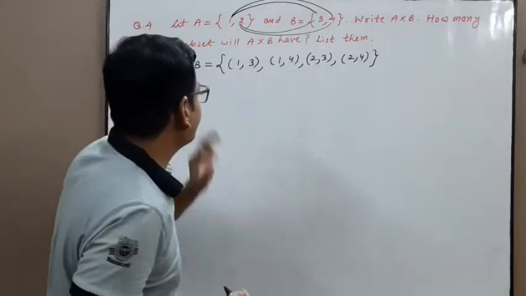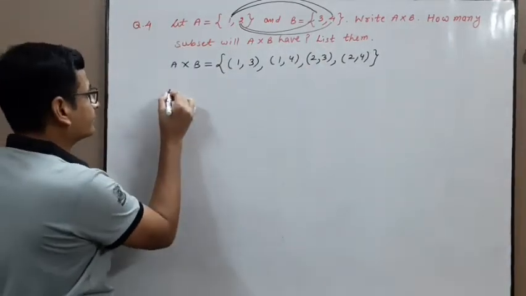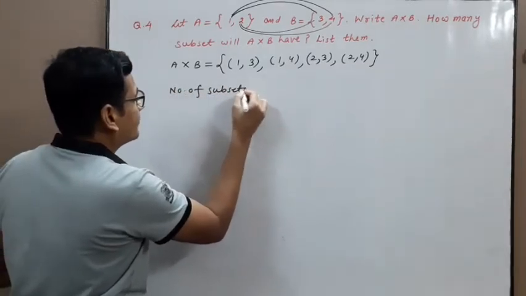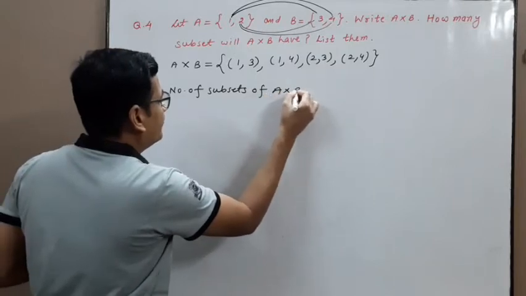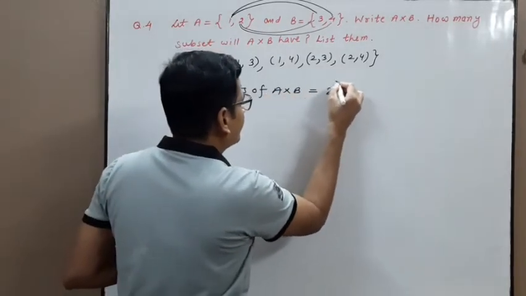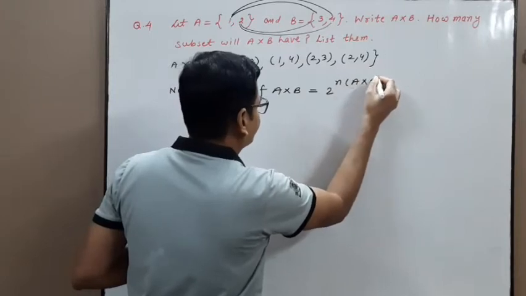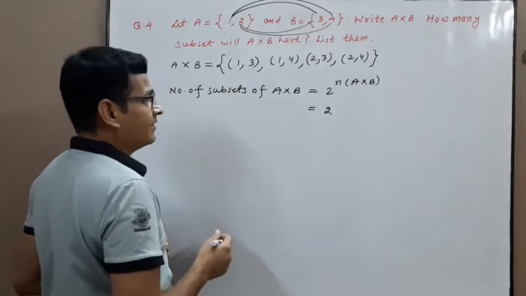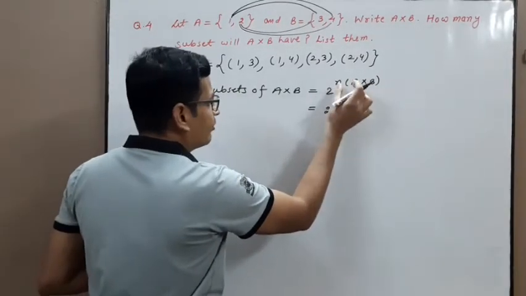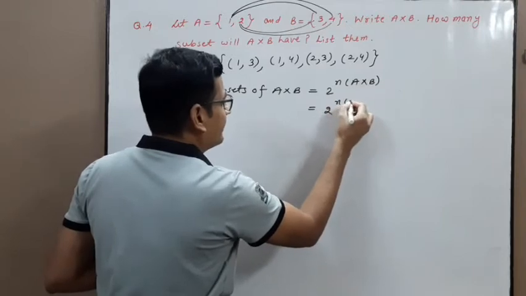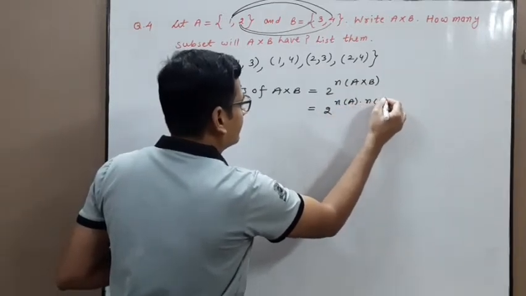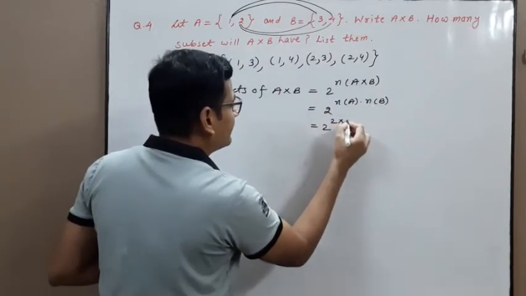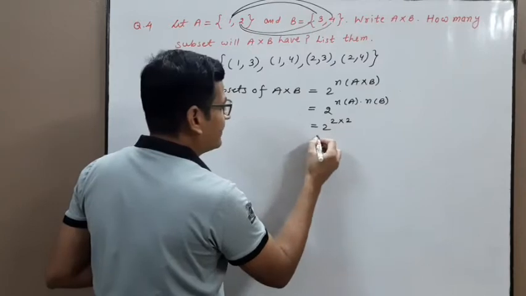Second part, how many subsets will A cross B have? The number of subsets of A cross B is equal to 2 raised to the power n(A cross B), which means the number of elements in A cross B. The number of elements in A cross B means the number of elements in A times the number of elements in B. Number of elements in A is 2, in B is 2. So 2 raised to the power 4 means 16.